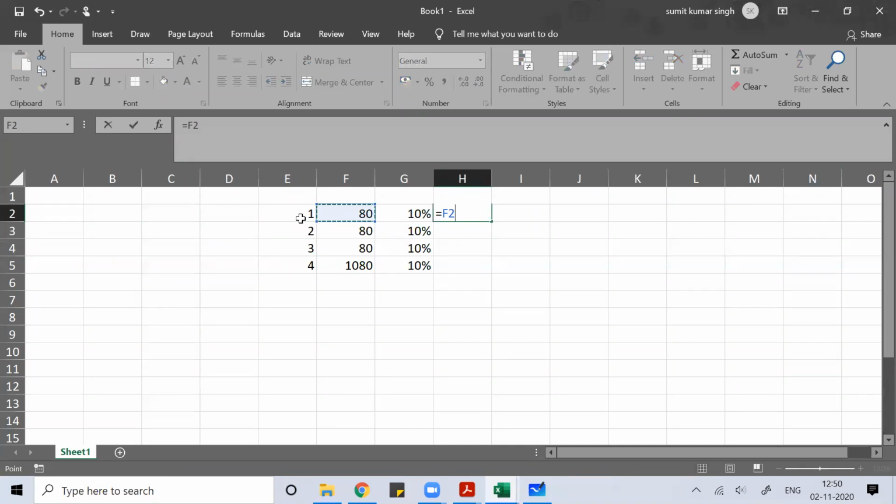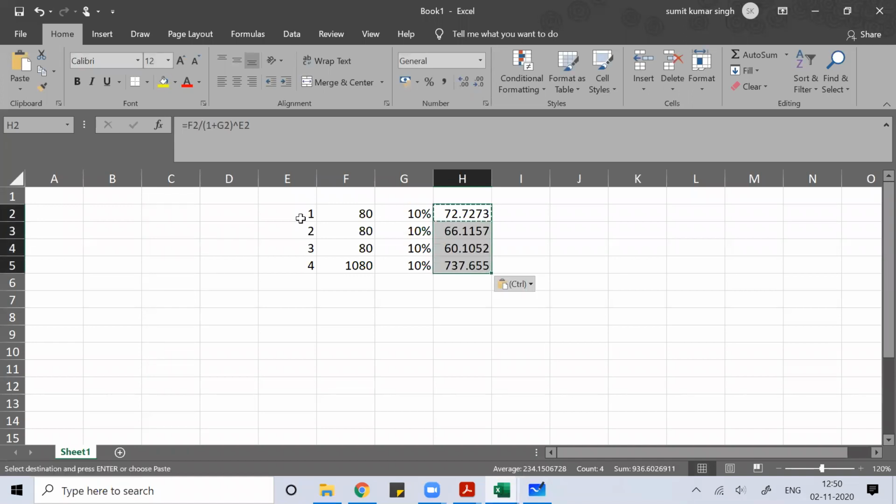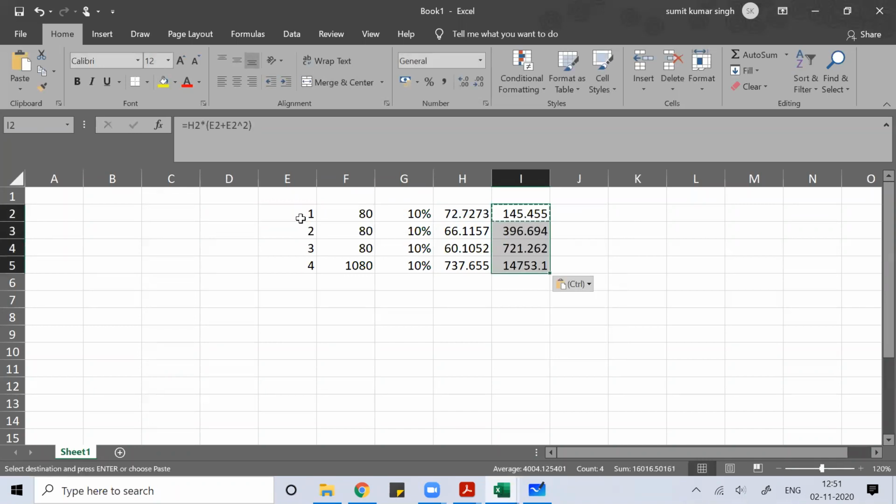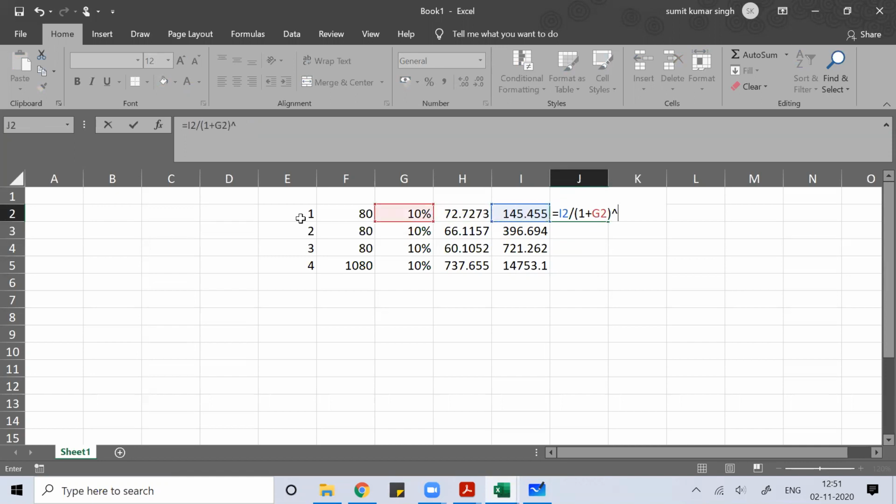Divide by 1 plus 10% to the power t, multiply with t plus t squared, and then divide this by 1 plus 10% squared.